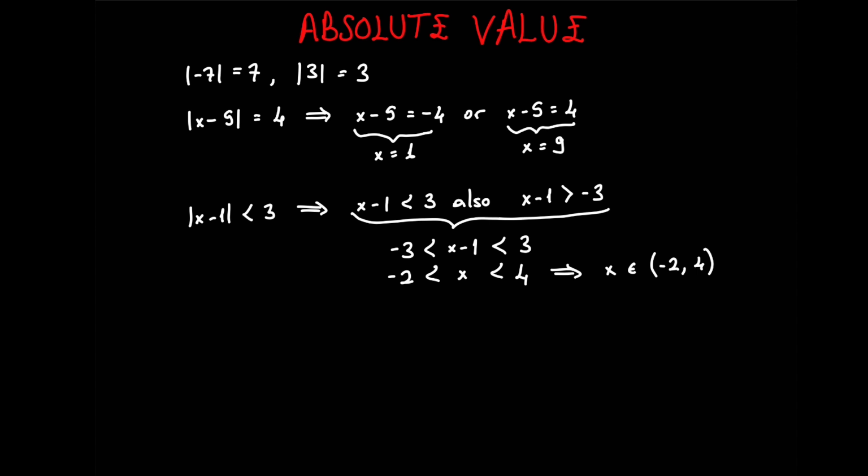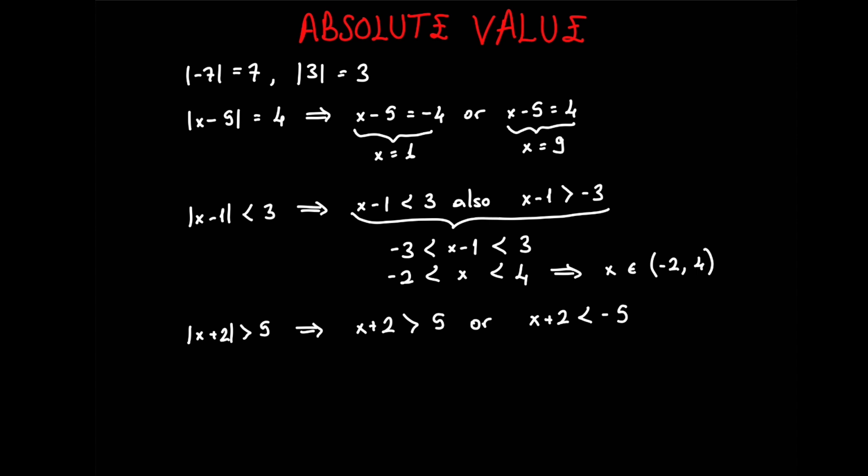Now let's give one more example for inequalities, which is the absolute value of x plus 2, the distance between 0 and x plus 2, greater than 5. So what does that mean? That means x plus 2 must be greater than 5, or x plus 2 can be lower than minus 5, because the distance between 0 and minus 5 is 5, and if x plus 2 is lower than minus 5, then the distance between 0 and x plus 2 will be larger than 5.